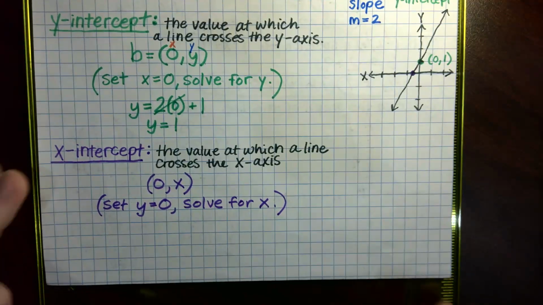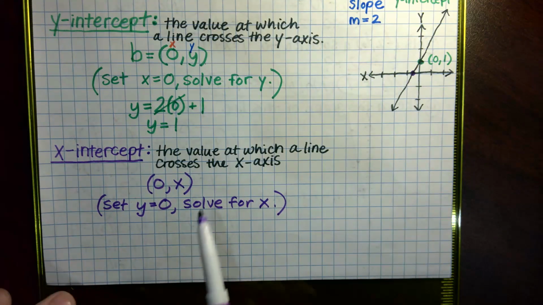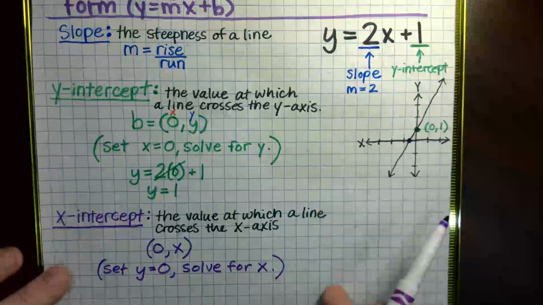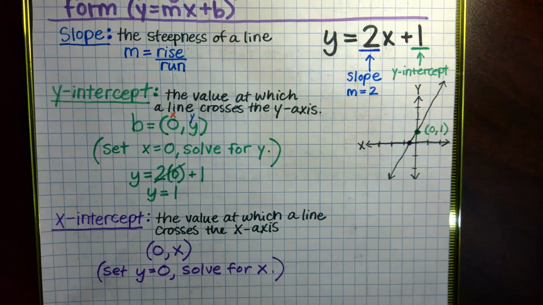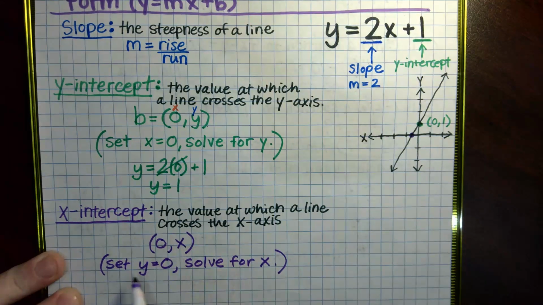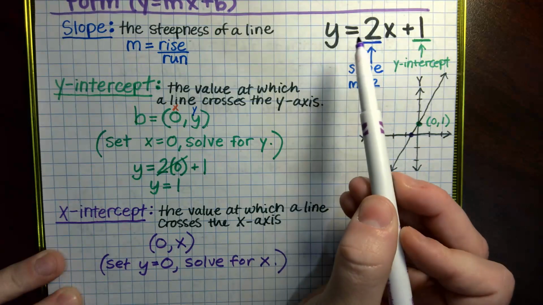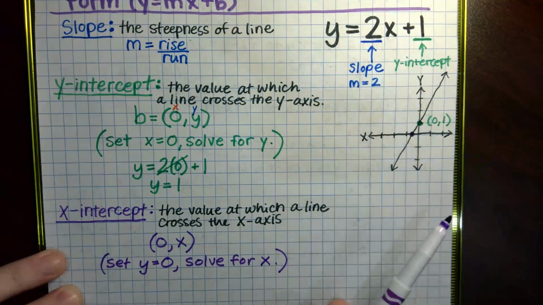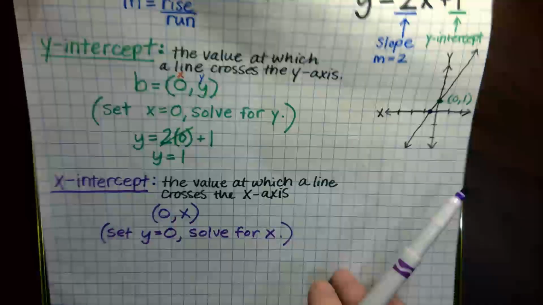Okay. So let's go ahead and figure out what our x-intercept would be for this equation, y equals 2x plus 1. We're going to set our y to 0. So we're just going to write 0 equals 2x plus 1.